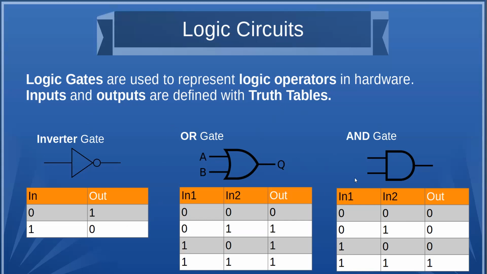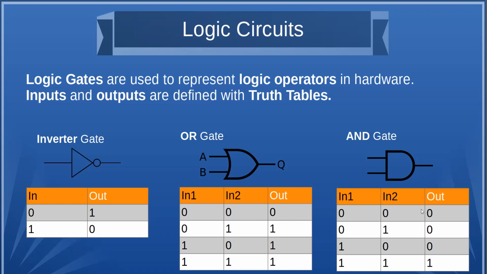So the truth tables, which are just little things to make it easier to see the function. In the inverter, the output is just the opposite of the input. In the OR gate, it's true unless all the inputs are false.